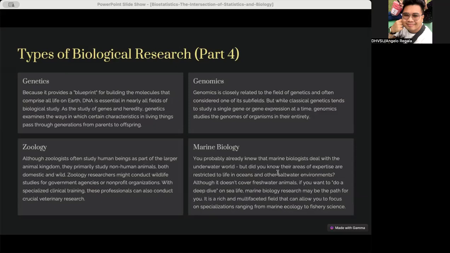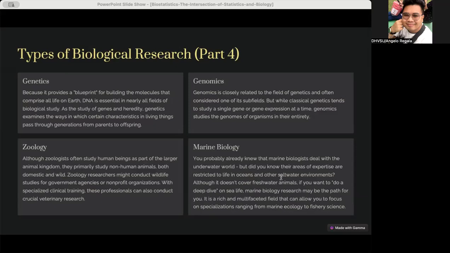When we talk about genomics, we're talking about the organism in its entirety. Genetics is very specific to a particular gene or DNA, unlike genomics, where we're talking about the entire organism itself.